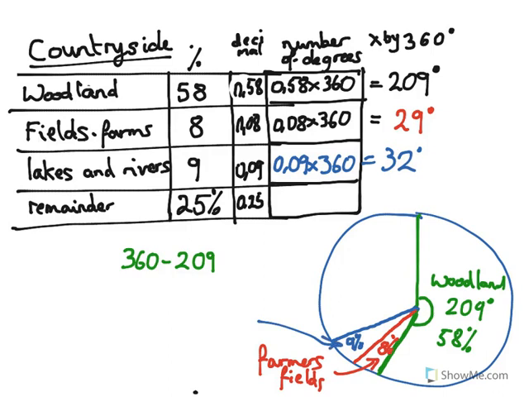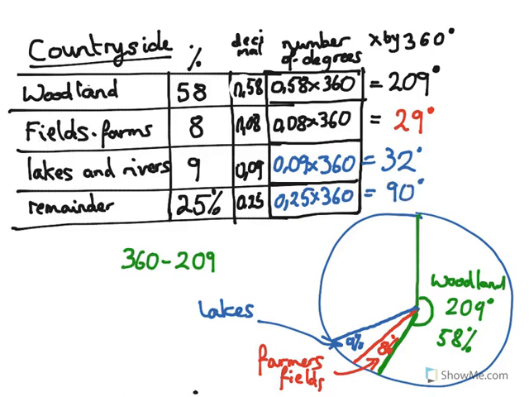Don't forget to label your circle diagram with what you're doing here. Lakes at 9%. And then we know that the remainder, if we'd drawn this properly, which I obviously haven't, because the remainder should be 25%, which should be 0.25 of 360, which is 90 degrees.